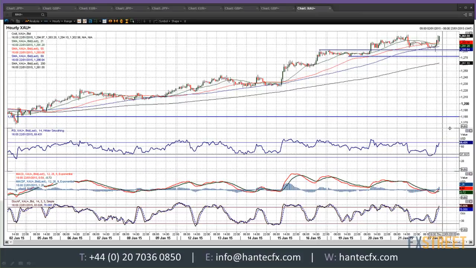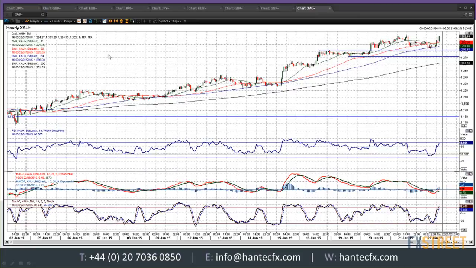This is a classic bull run on gold at the moment, where you see the RSI lows around the mid 30s to 40, and the strong runs go into overbought territory.